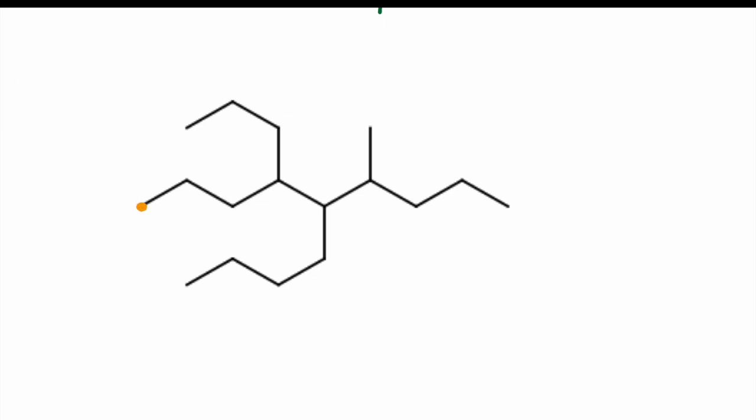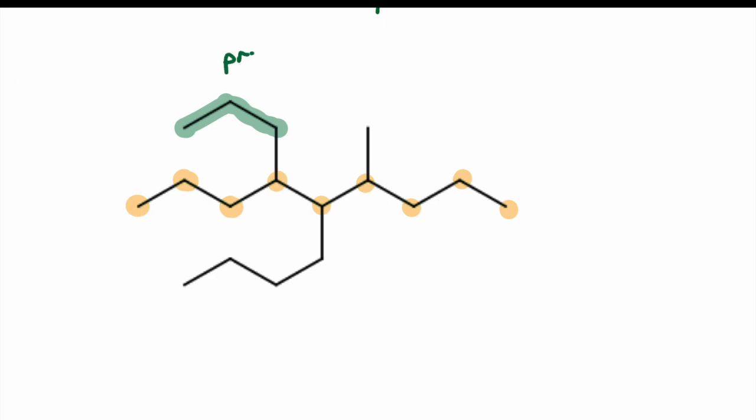All right. My parent chain being those 9 carbons. I have a propyl group. I have a methyl group. And I have a butyl group.